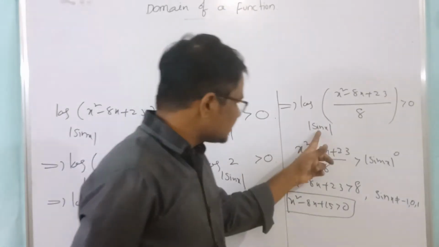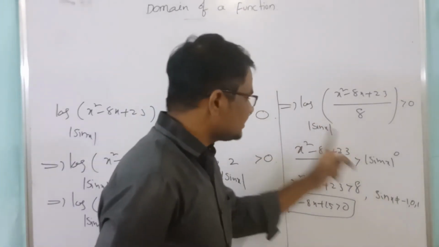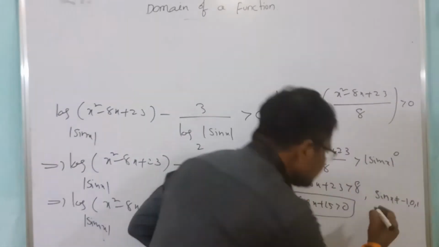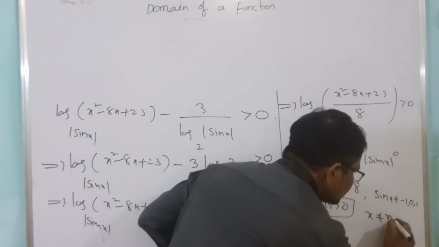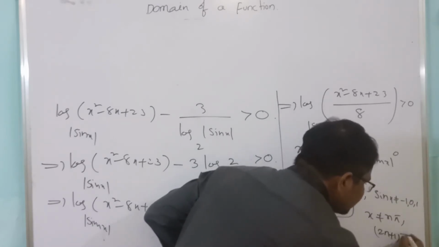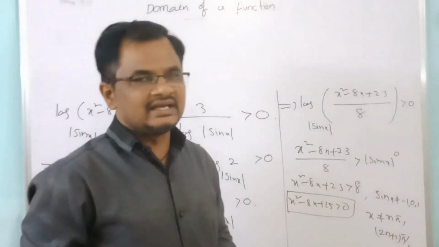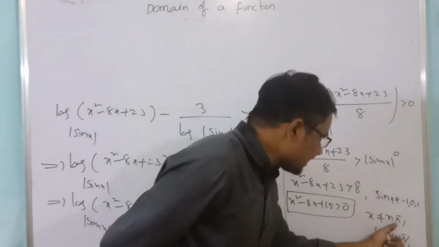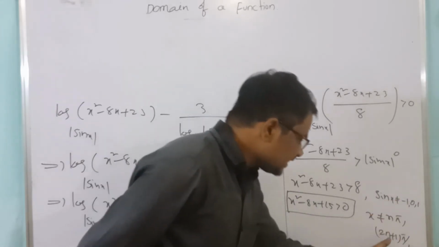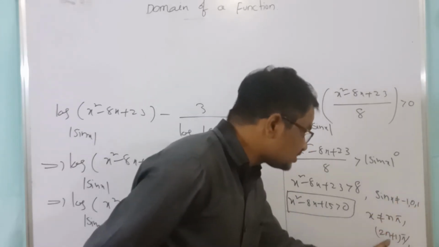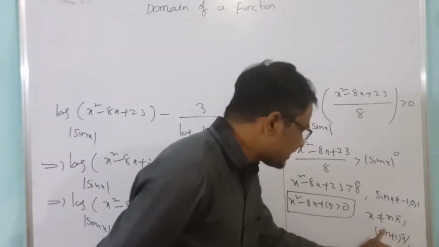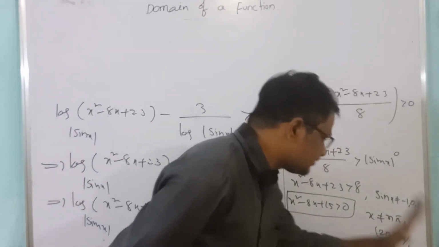So sin x does not allow −1, 0 and +1. That means x is not equal to nπ and (2n+1)π/2, where n belongs to integers. Because n equal to 0 gives 0, n equal to 1 gives π, n equal to 2 gives 2π, and π/2, 3π/2 and so on. So x is not equal to nπ and (2n+1)π/2, where n belongs to integers.